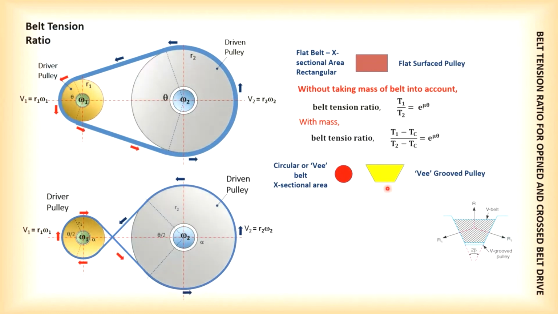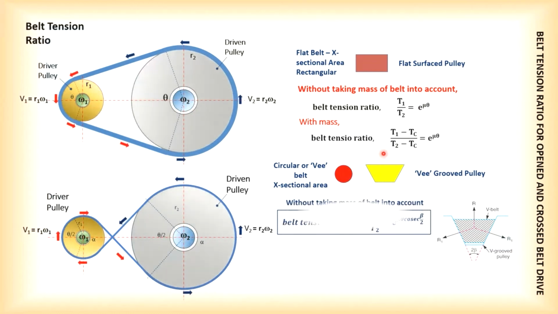So for a V belt or circular belt, to find the belt tension ratio, we must use T1 over T2 equals exponential mu theta, the same on top. But then you have to include cosecant beta over 2, where beta is the groove angle of the groove pulley.